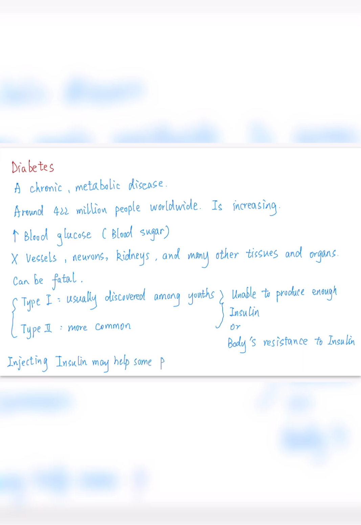Injecting insulin is also a commonly used method for many patients to control their blood sugar effectively in their daily lives. So today we're going to talk about how are we going to produce sufficient insulin to treat diabetes.